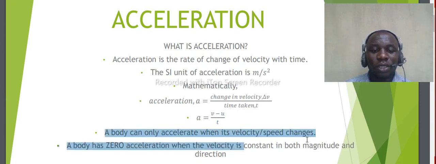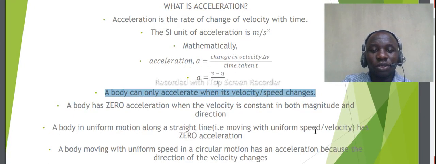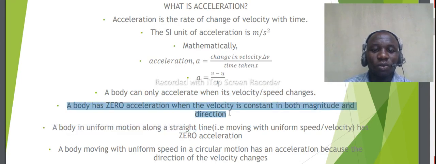As we have said earlier, a body can only accelerate when its velocity or speed changes. A body can only accelerate whenever there is a change in the speed or velocity. So a body has zero acceleration when the velocity is constant in both magnitude and direction. So when the velocity of a body is constant, there is no acceleration.